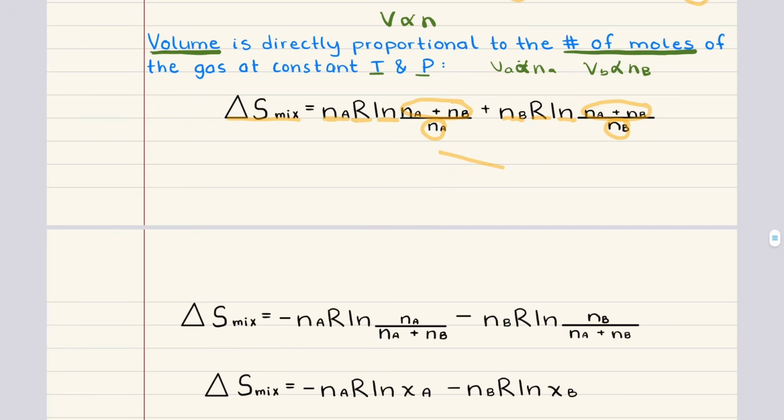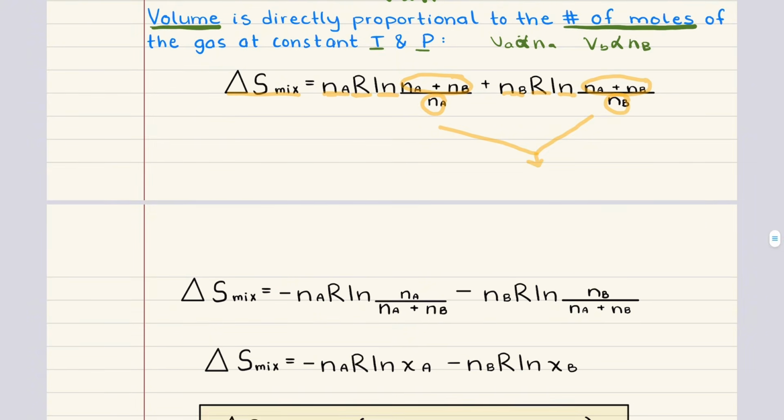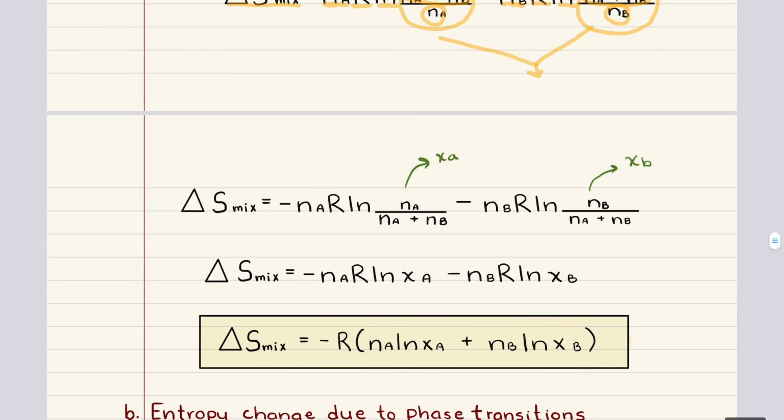Now let's rearrange this into a more compact form. Notice that each term actually looks like a negative log of a mole fraction. So if we define the mole fraction as Xa equals Na divided by Na plus Nb, and we define Xb to be equal to Nb divided by Na plus Nb, then we can use that formula and rewrite our expression.